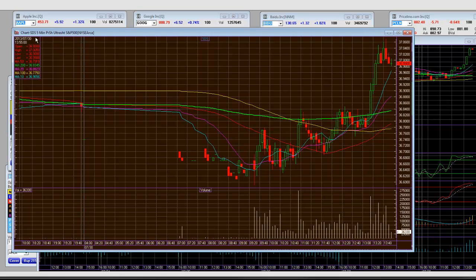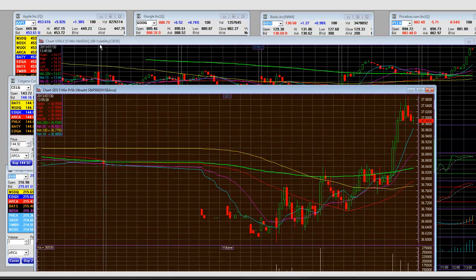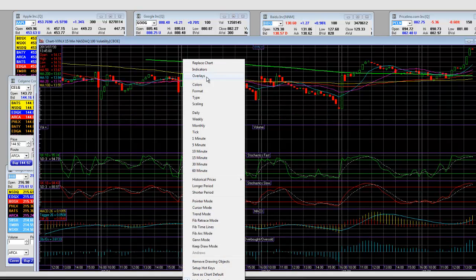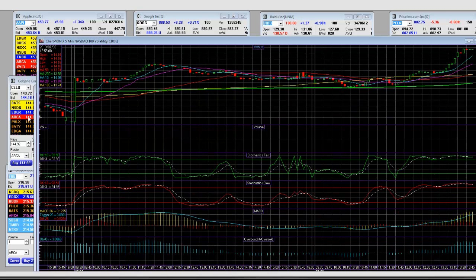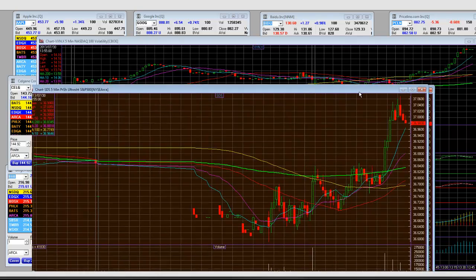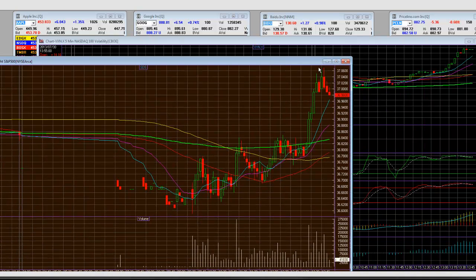So there is another, SDS UltraShort S&P 500, relative to, once again, the VXN. Is it the what, MMT? Yes, it is the Nasdaq 100 Volatility Index. You're absolutely correct. So when we look at these time frames, we just want you to be aware that you can see that when this is coming down on a 5-minute level, that we hit the highs up here on the fear indicator.